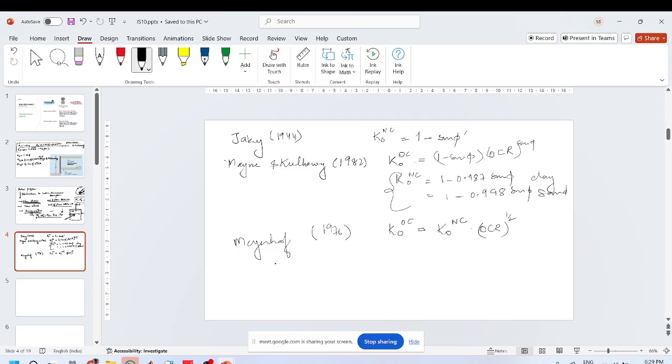So Meyerhof has not given an NC, so if you use Jaky's equation for NC, then it will become 1 minus sine phi into root of OCR. So this is what these three conditions we will check. Okay. There are some more. I'll do one thing. I'll paste it here.